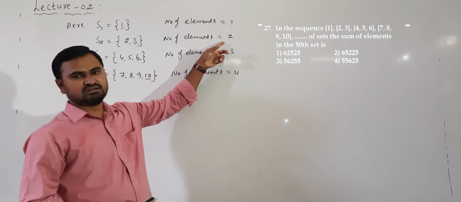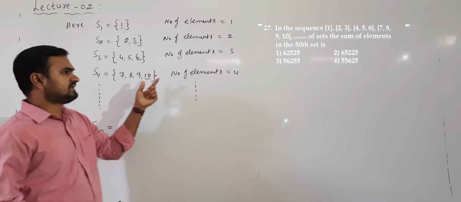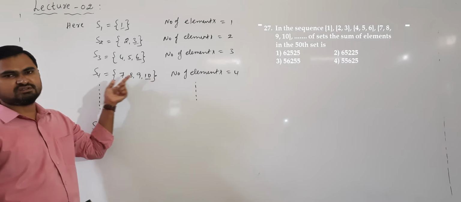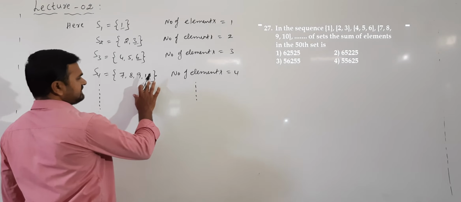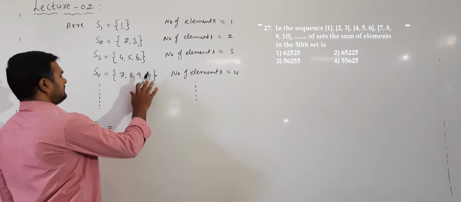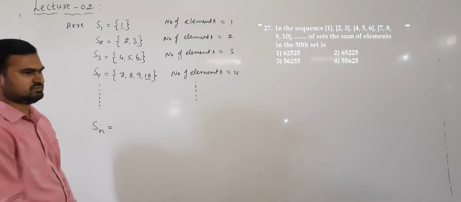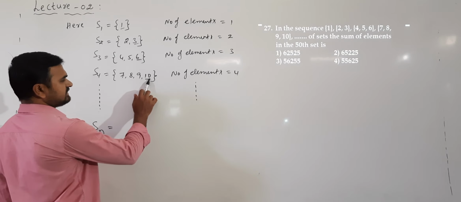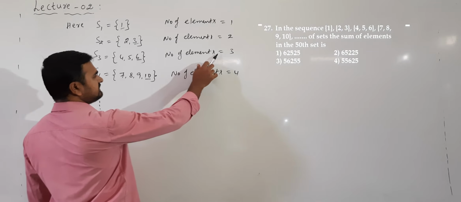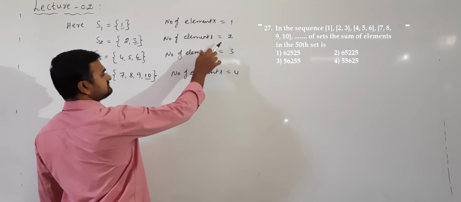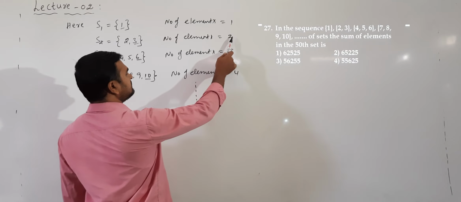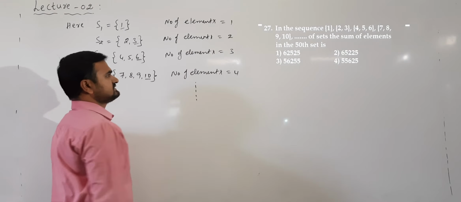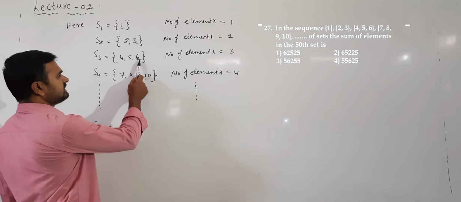Okay, so you have to take the sum of the number of elements in the previous sets, then we get the last element of this set. See here, if you want to get the last element of S4, that is 10, it can be obtained by taking the sum of the number of elements. 3 plus 2 plus 1, which is 6, will be obtained here.